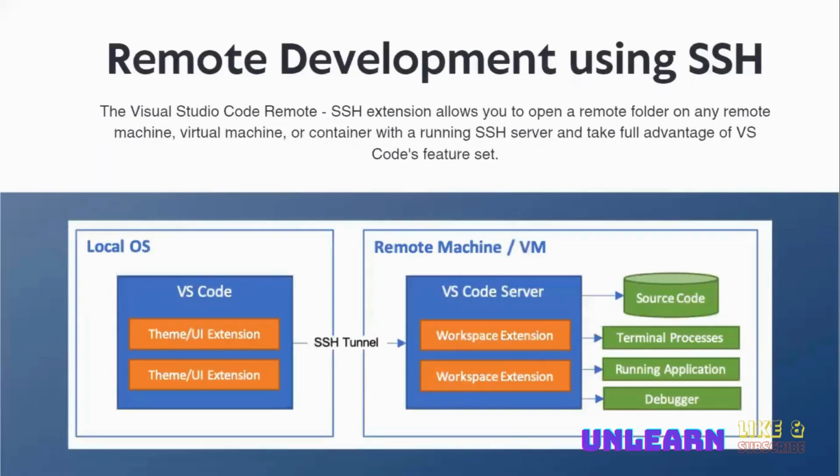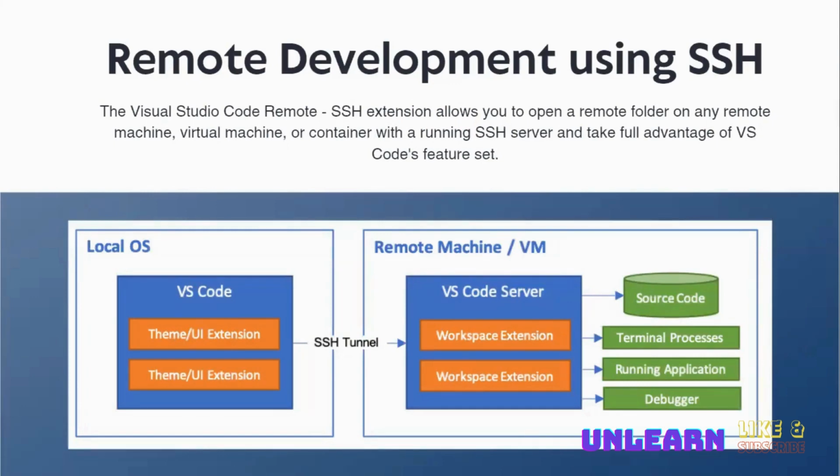Before creating the VM instance, let us have a brief introduction of how this VM instance gets connected with the local VS Code in order to do remote development using SSH.